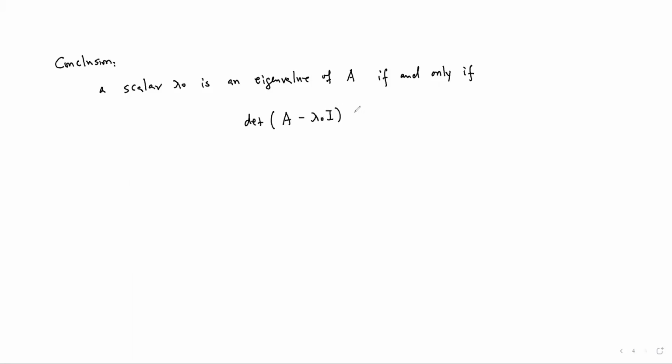A scalar, say lambda 0, is an eigenvalue of some matrix A if and only if the determinant of A minus lambda 0 times I is equal to 0.